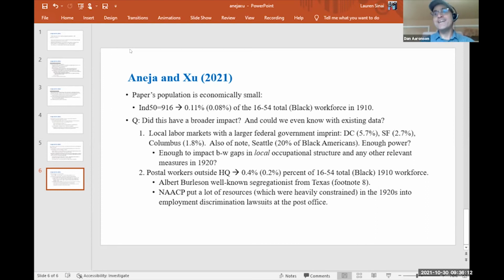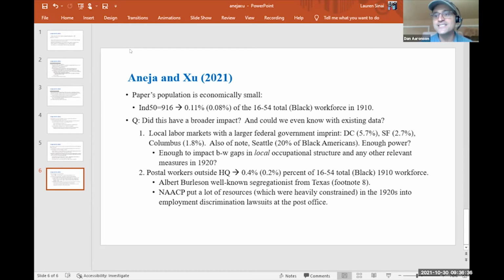So a bigger question is, did this have a wider impact than just on the civil servants that were treated? There are two ways that I would think about attacking this, and if somebody were interested in writing another paper, this is what I would personally focus on. One is to look at local labor markets that had large federal government imprints.